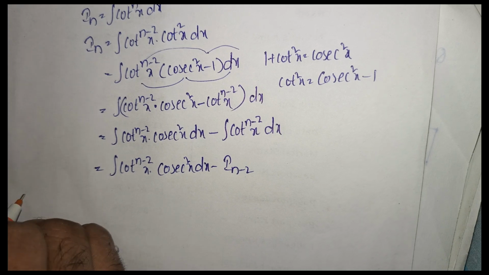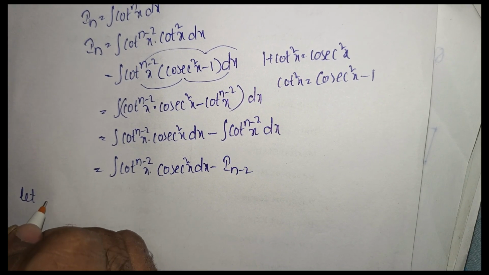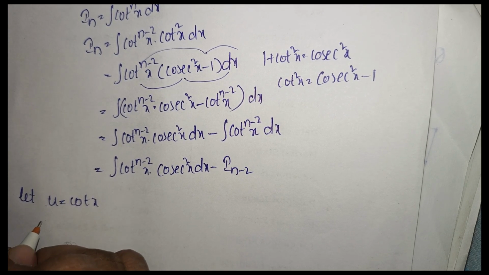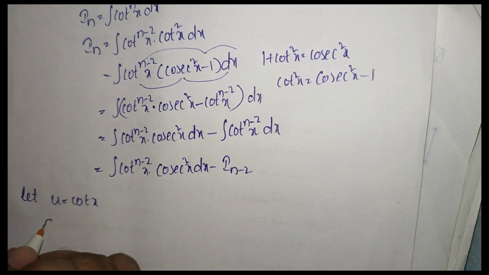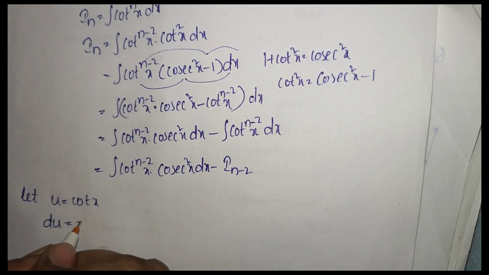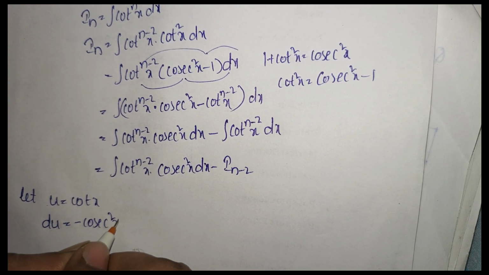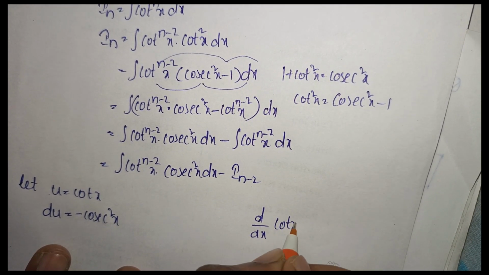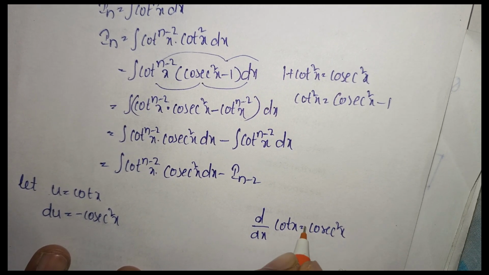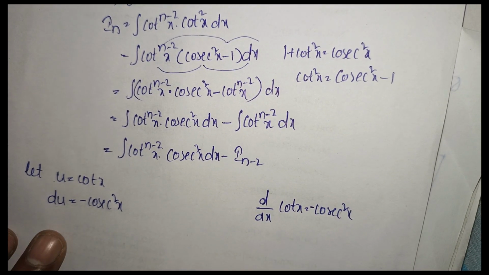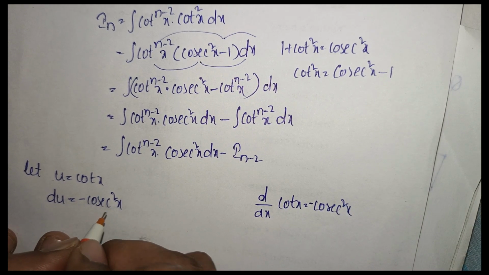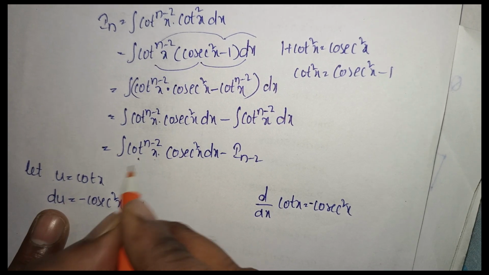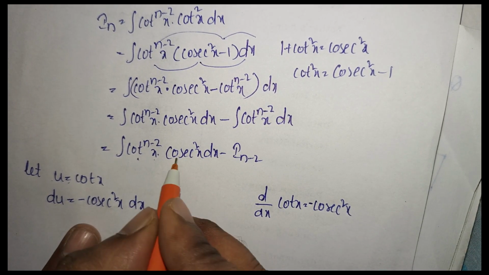Now let u is equal to cot x. If you differentiate this, du is equal to minus cosecant squared x dx. So you should remember the formula that d by dx of cot x is nothing but minus cosecant squared x. So we are writing cot x as u and minus cosecant squared x dx as du.